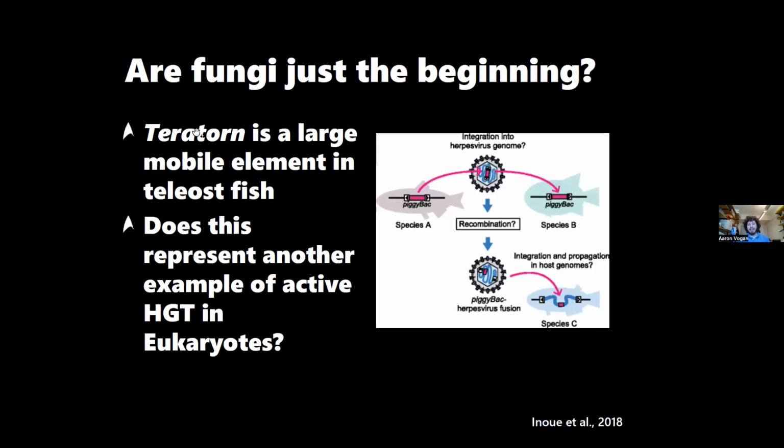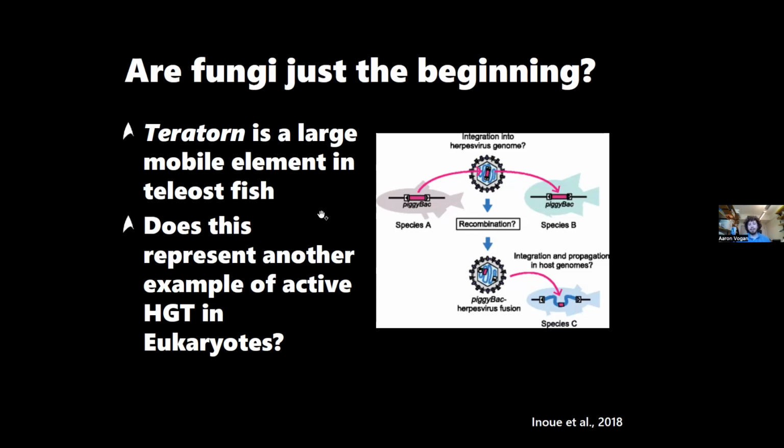So there's this element called Teratorn. It's also large, 230 or so kb, and it's a mobile element that's actually derived from the fusion of a piggyBac transposon and a herpesvirus genome. And this is apparently widespread across teleost fish. When you look at the contents of this, it's not just herpes and piggyBac, there are actually fish genes in there too, meaning that it could mediate HTT among different individuals, different fish, different species, who knows?